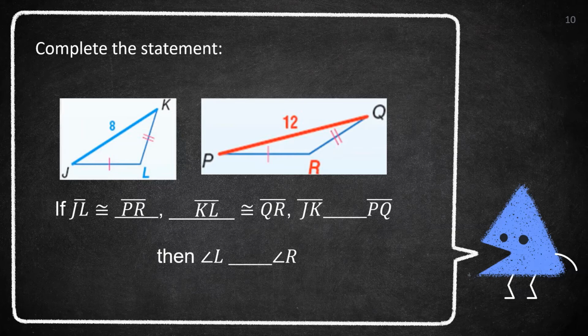What can you say about JK and PQ? Since JK measures 8 and PQ is 12, JK is less than PQ. If JK is less than PQ, what can you say about their opposite angles? Okay, so we can now say that angle L is less than angle R.